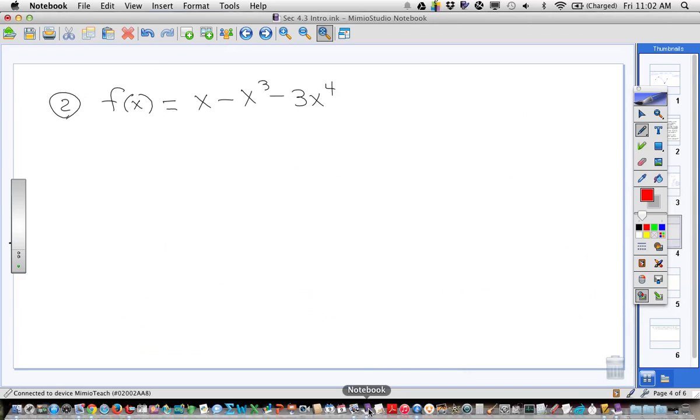Okay, now do this one. There are no endpoints given. This is -infinity to infinity. So find the global max and global min, if they exist, for this function, looking at the whole function from -infinity to infinity.